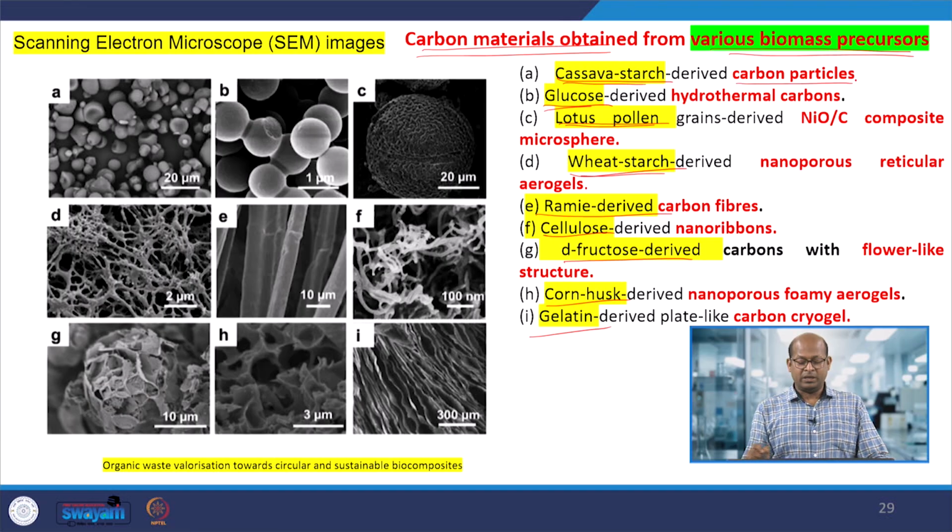You can see carbon particles are formed. Here are spherical types; glucose-derived carbon was prepared by hydrothermal methods. Here you can see spherical, droplet-type particle formations. In the case of lotus pollen taken with nickel oxide, carbon composite microspheres form.